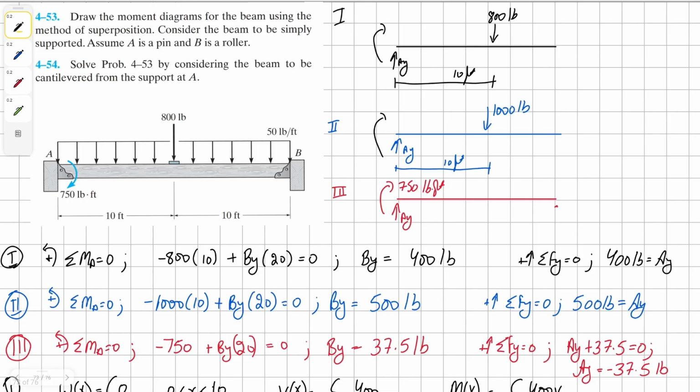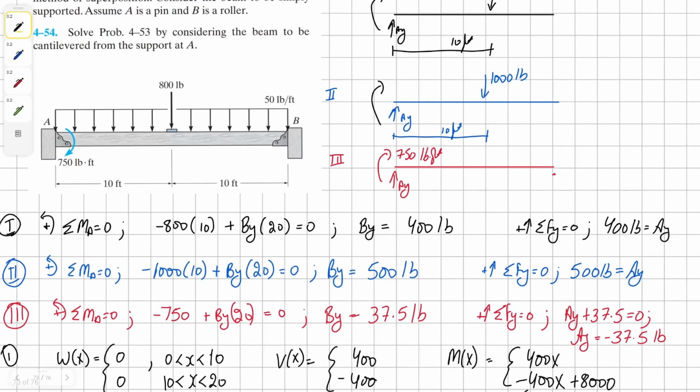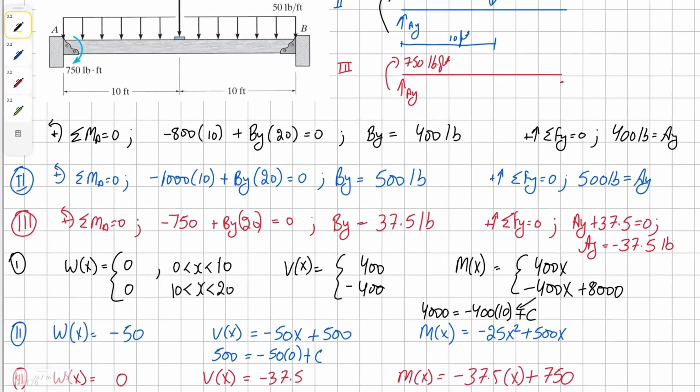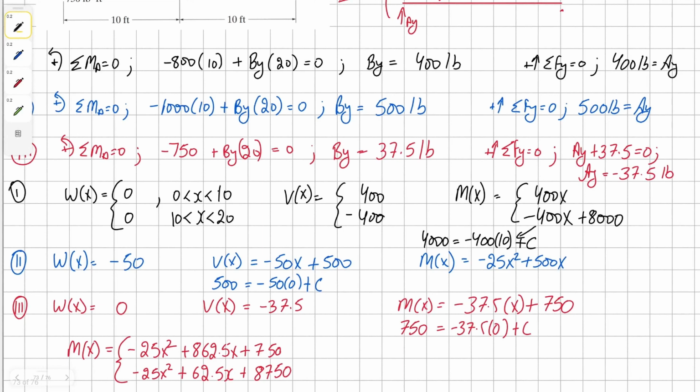Now for the second part of this problem, we have to consider that the beam is cantilevered from the support at E. This means point B won't exist and A will become a fixed connection.